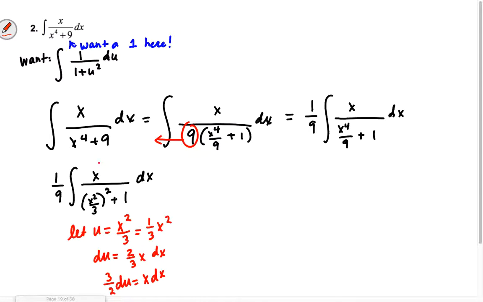And look, magic, we have x dx right there. That's what we wanted. You see how the substitution is going to work for us? So we get 1/9. My x dx is replaced by 3 over 2. Let me put that 3 over 2 in here too. So it's replaced by 3 over 2 du. Then I have a 1 over u squared plus 1.